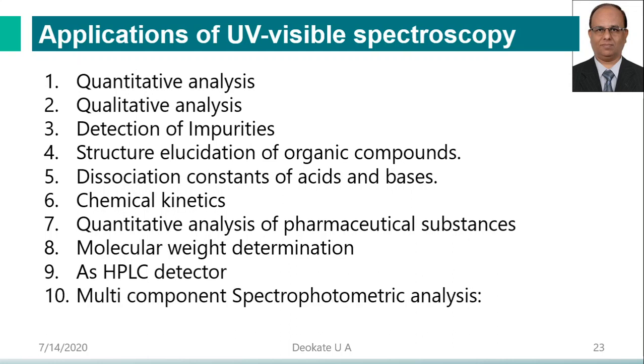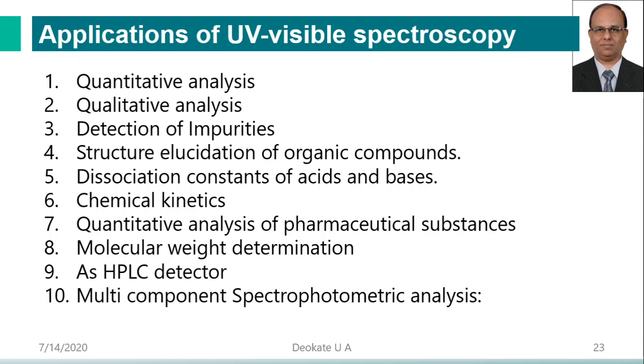And the last one is multi-component spectrophotometric analysis, where in a combination we can determine the substances using the ultraviolet visible spectroscopic method. There are various multi-component methods that are used, such as the absorption correction method, or we can go for solvent extraction of the sample from the multi-component solution and then determine, or we can go for the simultaneous equation method, where we keep the samples together to determine the concentration.